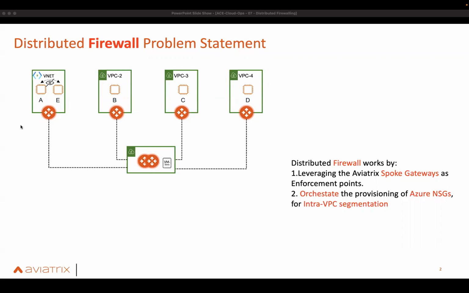We can do egress filtering. All of that can happen within this distributed firewall offering. So this is a bit on the distributed firewall problem statement, as well as how it works.